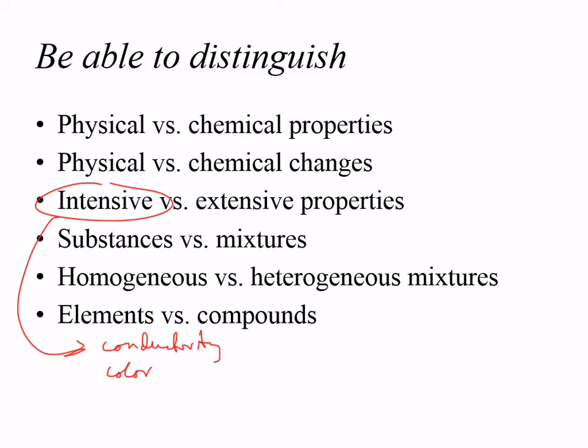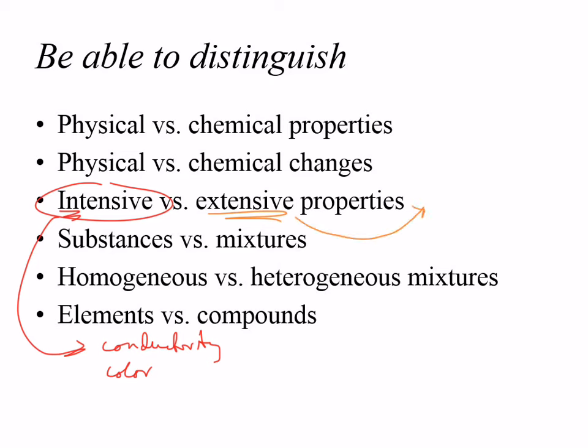What's an example of an extensive property? Weight. Weight is a great one, yep. Density. Weight, and what'd you say? Density. Actually, density is independent of amount. Density is intensive.